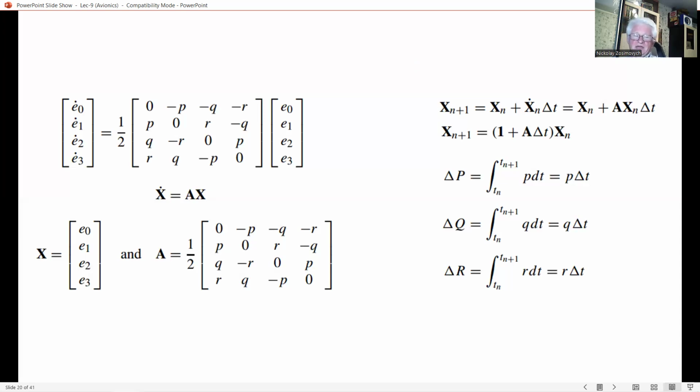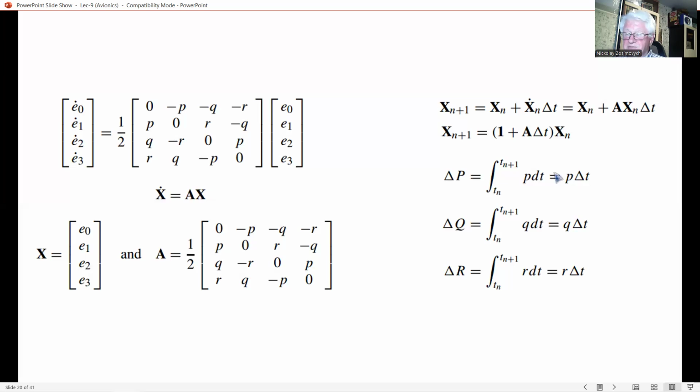The incremental angular rotations measured about the roll, pitch, and yaw axes are denoted by delta P, delta Q, and delta R respectively. The pulse torque DTG, RLG, and the IFOG all function as integrating rate gyros. So that we have an integrated rate gyro.